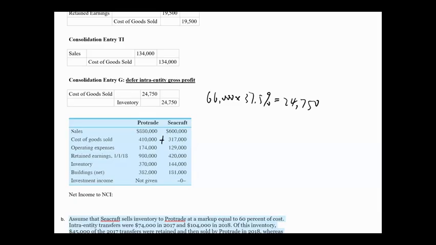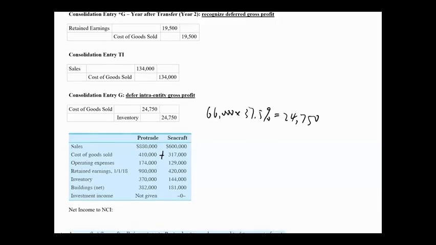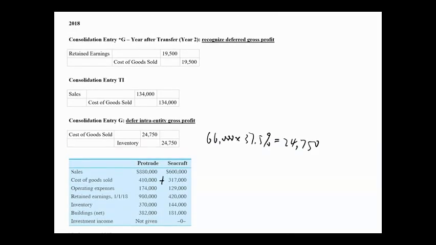410,000 plus 317,000. But do remember that we have a few consolidation entries that involve cost of goods sold. The first one is the credit balance of cost of goods sold in entry *G. Because that's a credit, we need to subtract 19,500.